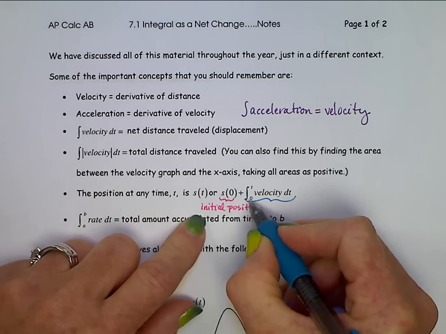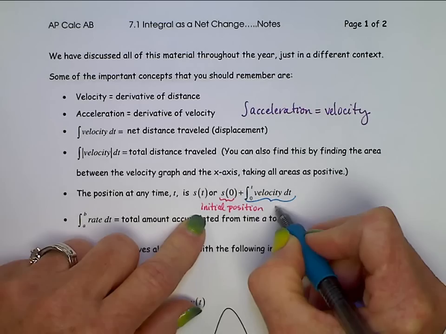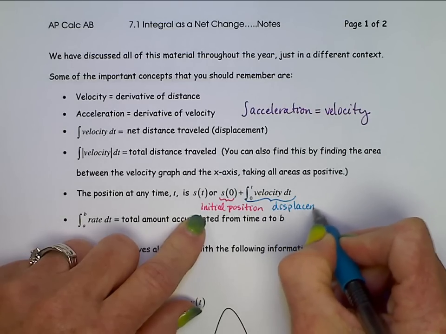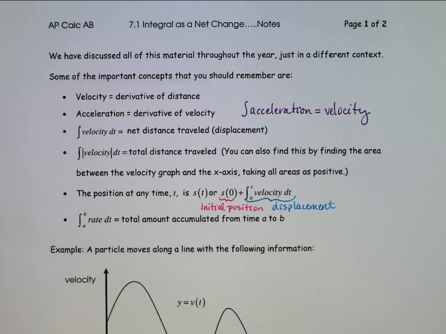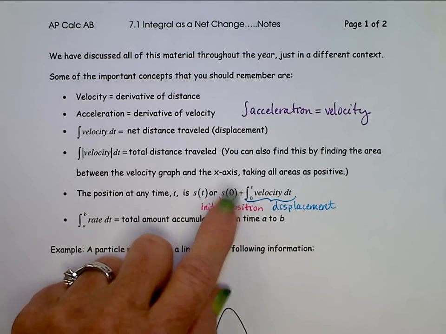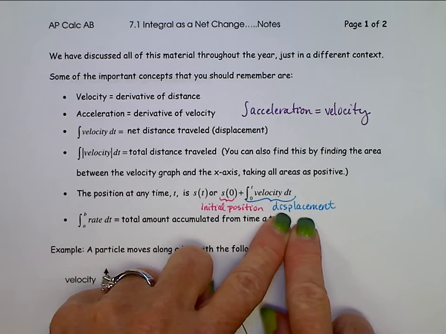And this integral from 0 to t of velocity is displacement. So its final position, if you will, is its location where it started, then plus how much it moved, or its displacement.